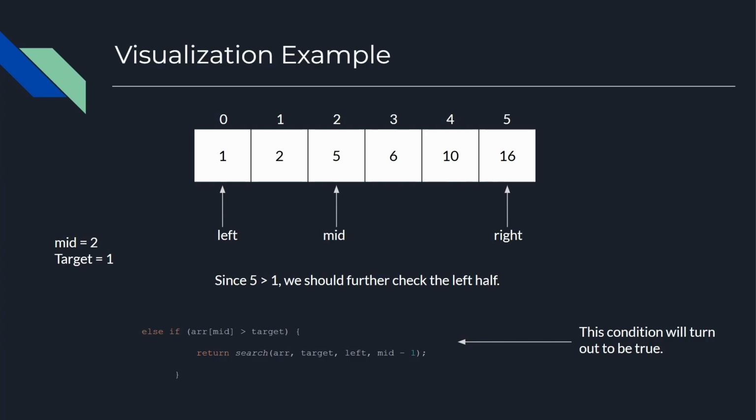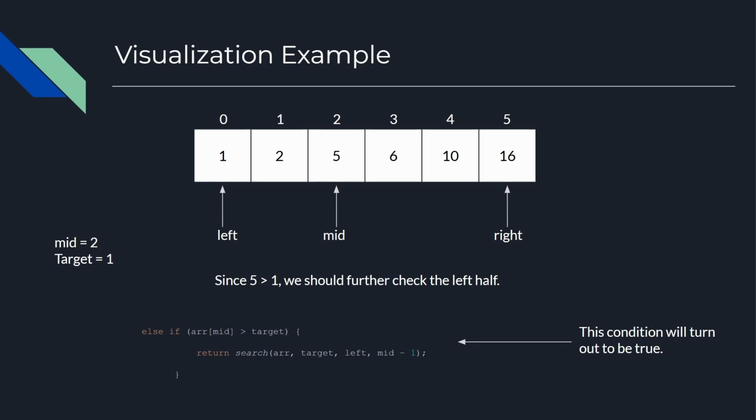To obtain the right or the last index of our array, we can just subtract 1 from the length of our array. In this case, we are looking for the target 1 from this array. So when we calculate or find the middle element of the array, we obtain the value 5.